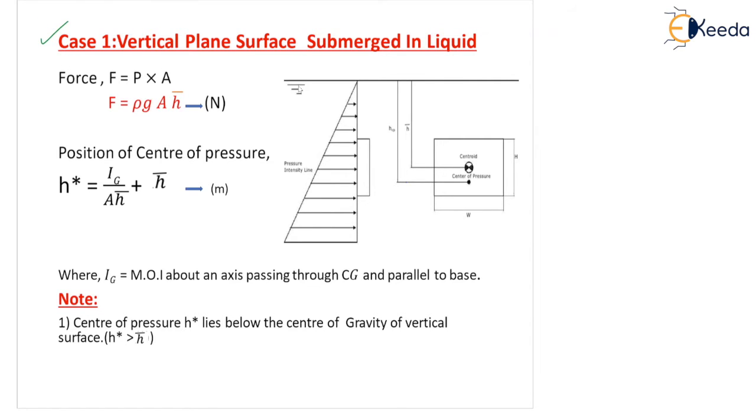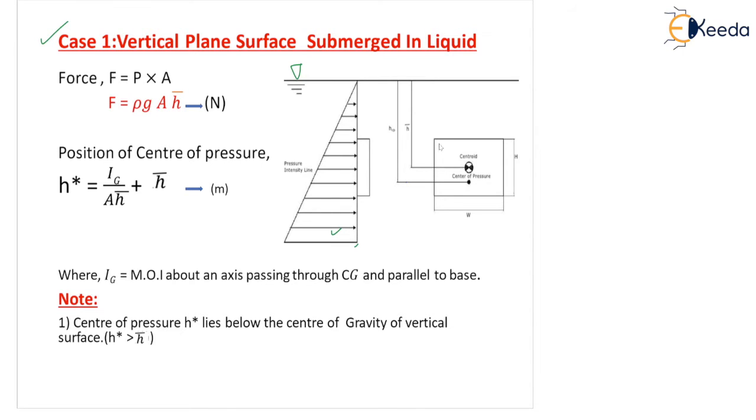So first of all look into the diagram. This is the free surface of water and this is the vertical plane surface you can see, and pressure intensity lines are given in the horizontal direction.